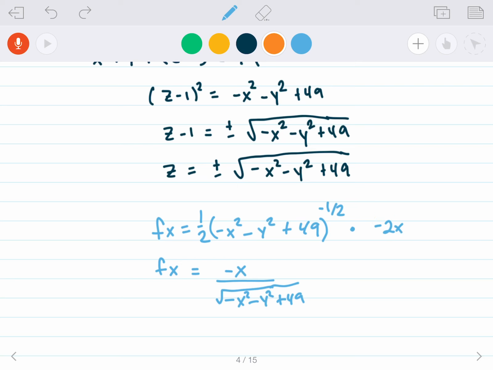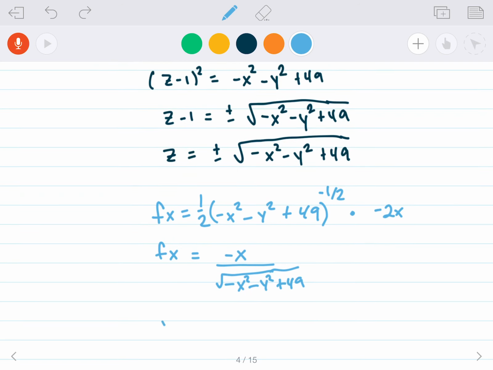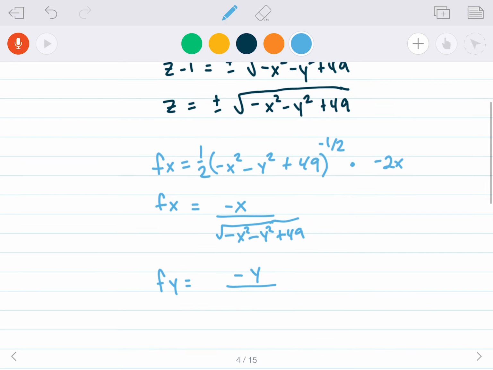Alright, so this is where I'm at. And in a similar way, the partial with respect to y, you can verify this, is going to be negative y over the square root of negative x squared minus y squared plus 49.